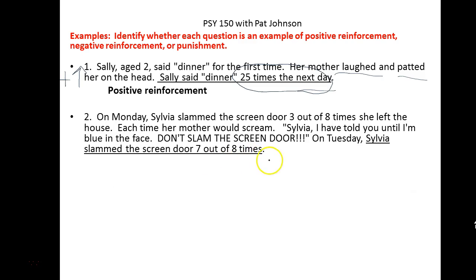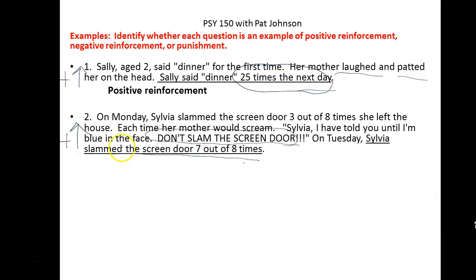First of all, ask yourself, is her behavior increasing or decreasing? Well, on Tuesday she slammed the screen door 7 out of 8 times, so her behavior is increasing. Is something being added or is something being removed? Something's being added. Her mother's screaming.